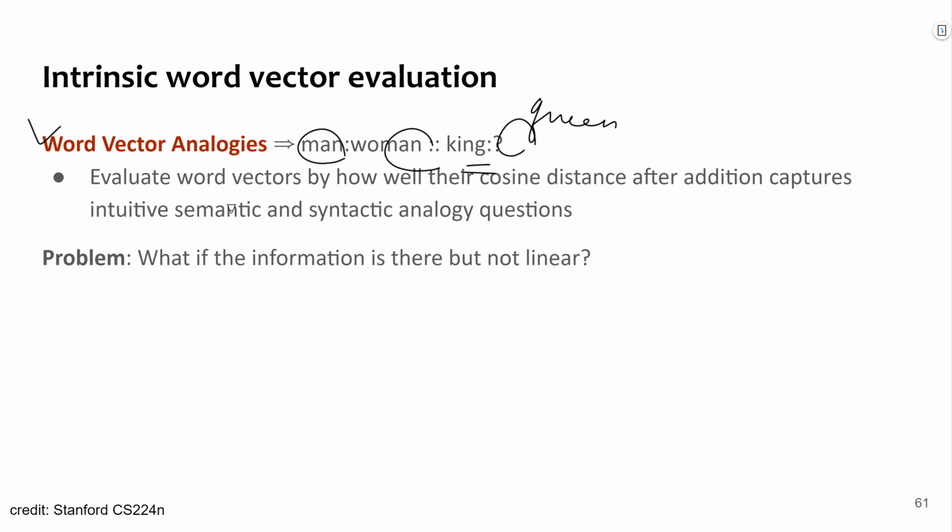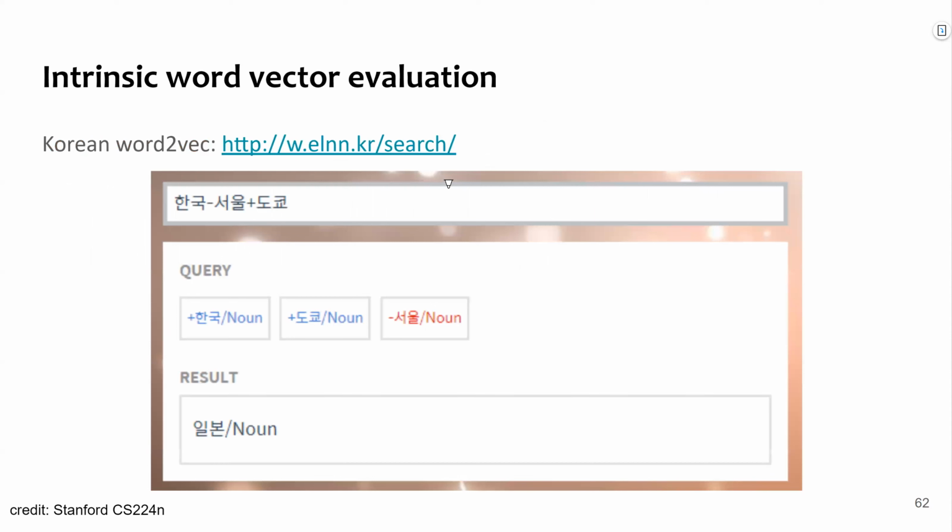The problem is, what if the information is there, but not linear? This word vector analogy assumes that the relations are linear. And you can do some Korean word vector things. When you subtract Seoul from Hanguk, Korea, and add Tokyo, then it will show you Ilbon. It is intuitively correct.